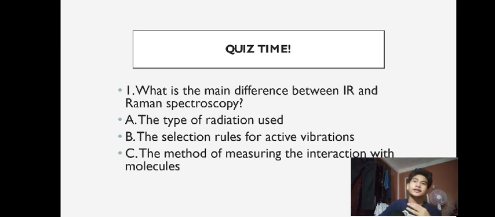A. The type of radiation used. Letter B. Selection rules for active vibration. Letter C. The method of measuring the interaction with molecules. So comprehend clearly, comprehend effectively, and critically comprehend the question.